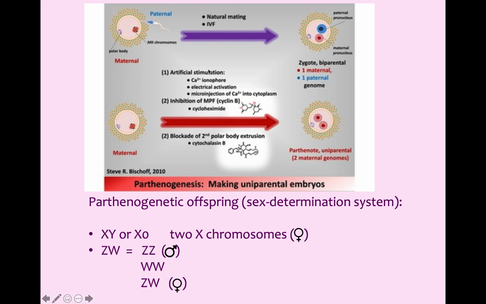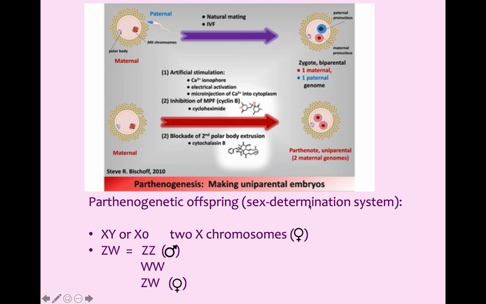It could be done by artificial stimulation. Some of the methods are inhibition of MPF cyclin B, and a similar method, inhibition of MPF by blockade of second polar body extrusion by cytochalasin B. You get a parthenote, which means a uniparental zygote with two maternal genomes.